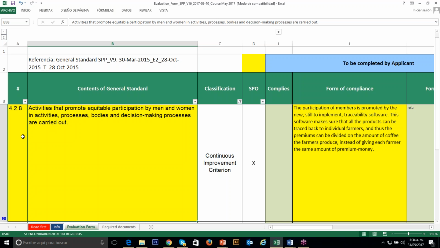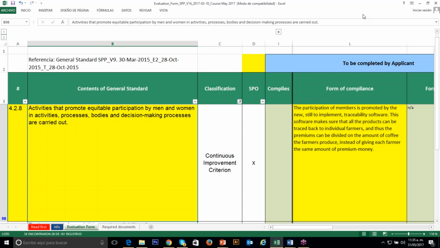Okay. This is about gender equality, right? Yes. We talk about fair trade. Fair trade not only talks about the final product and the price, but also about gender equality. Am I right? Yes.